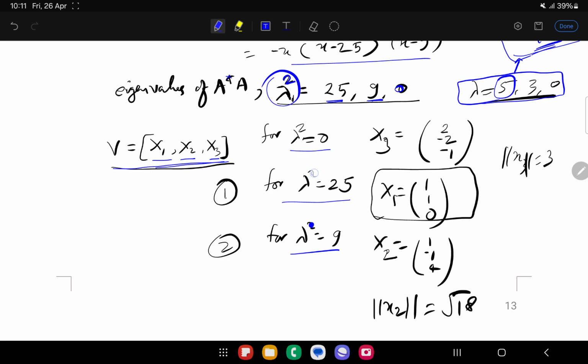Let me write them as lambda only, so don't be confused. We are just taking square roots of lambdas.